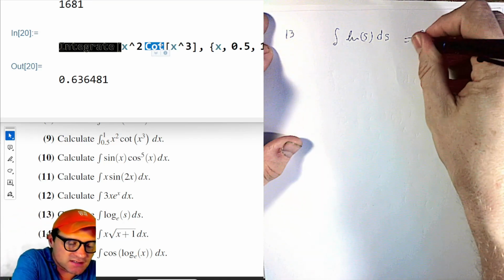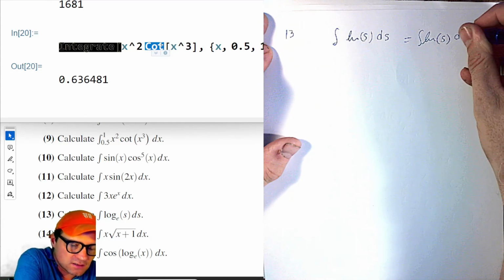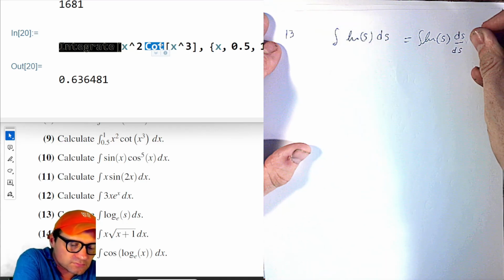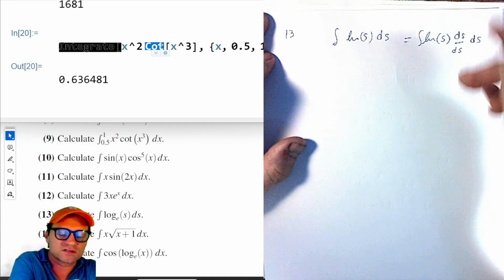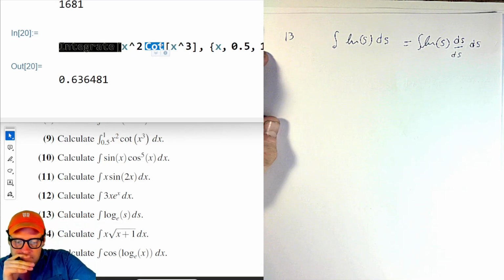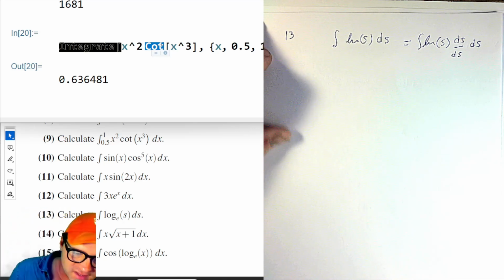So we can write this as the integral of natural log of s ds. Yeah, but I didn't need to write that, did I?